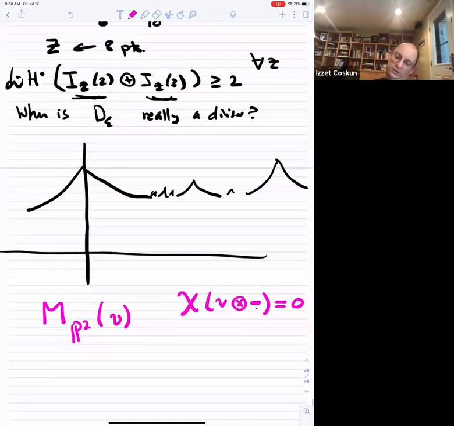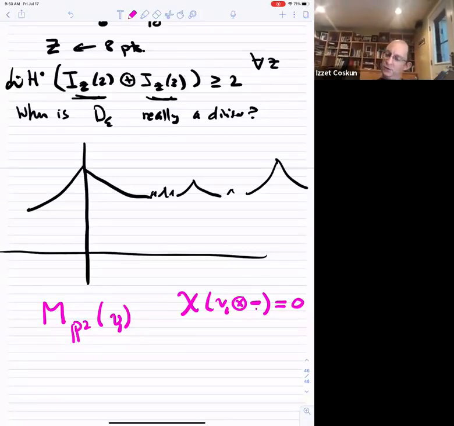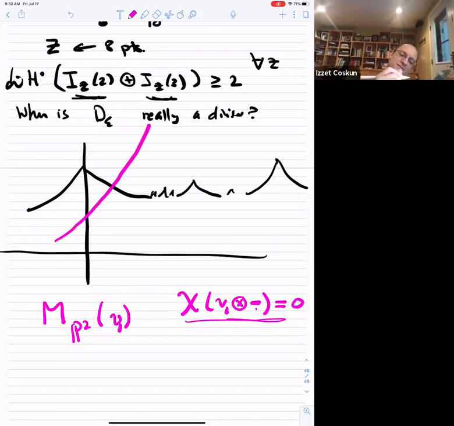So let me call this V1, and let me leave V2 as a variable. Then if you look at that, you get a quadratic polynomial again by Riemann-Roch. That looks like this. So, some quadratic polynomial.